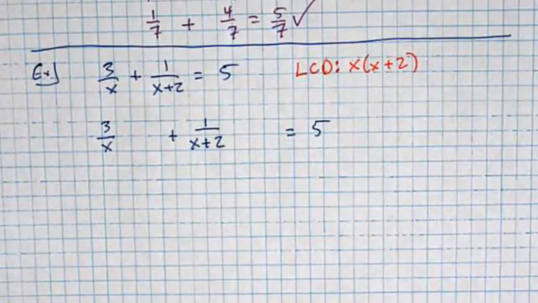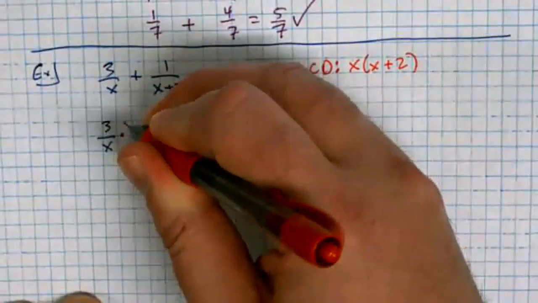You're going to know if you got your LCD right if everything cancels out in your first step here. So your first step is to multiply each of your fractions by your LCD.